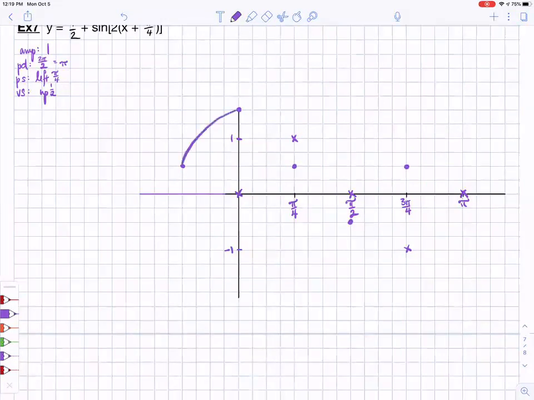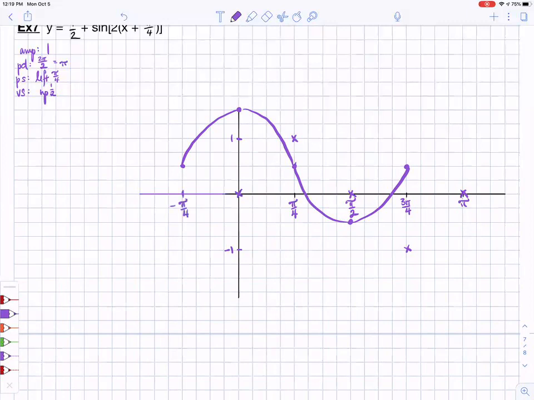You can draw your curve. How many magic values are you missing? Just one. And it's an easy one, right? What is it? Negative pi over 4.